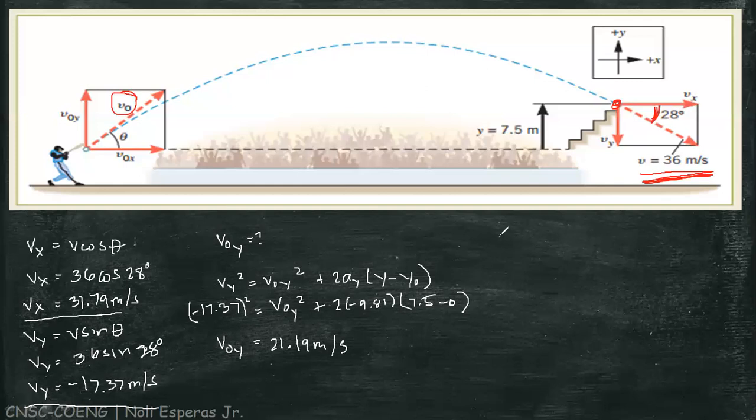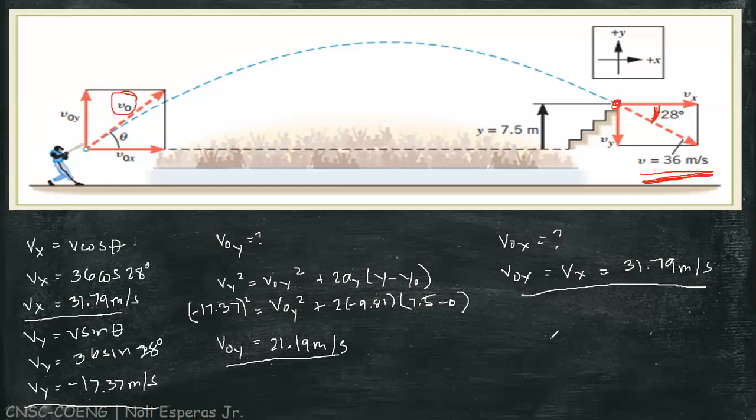Okay, so for v naught x, the value for v naught x is equal to vx, which is equal to 31.79 meter per second. Again, we have zero acceleration in x or horizontal motion, therefore there are no changes in the x component.